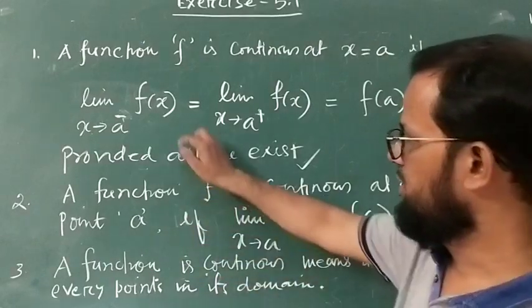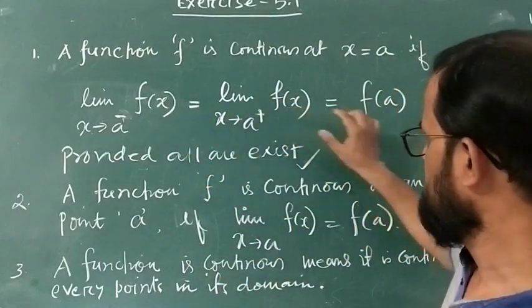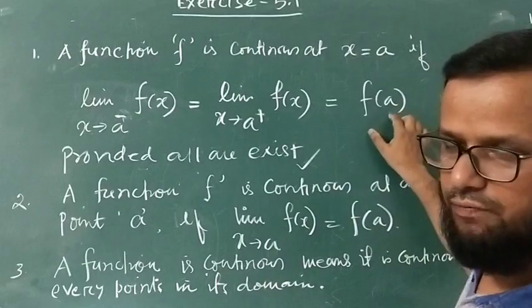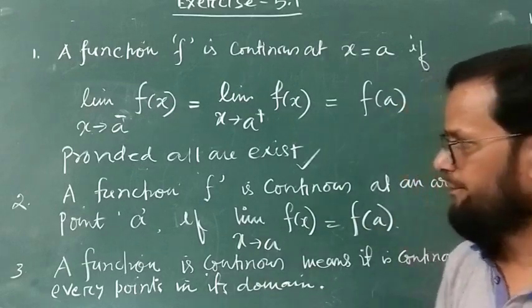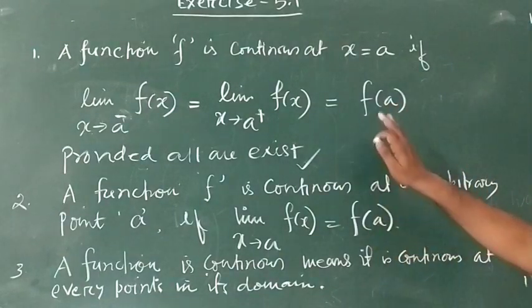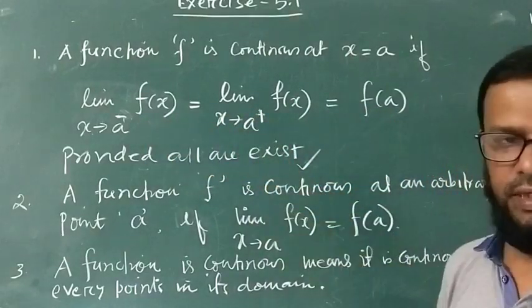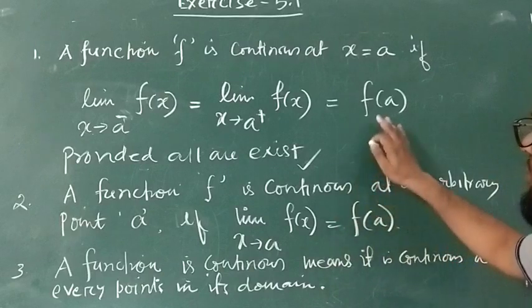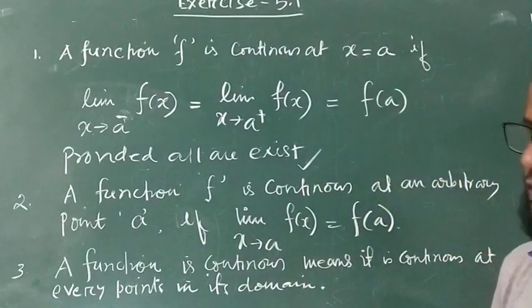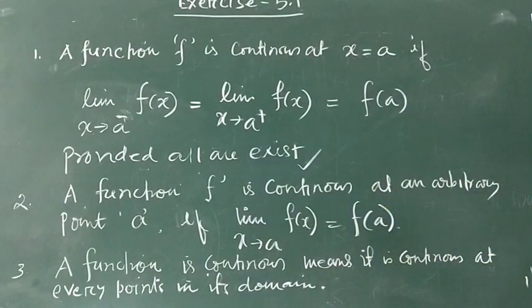That means the left hand limit individually exists, the right hand limit individually exists, and the functional value should be defined for the function. Then we can find these three individually, and if they are all equal, we can conclude that the function f is continuous at x equal to a.